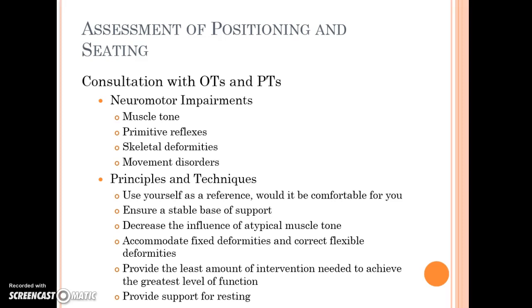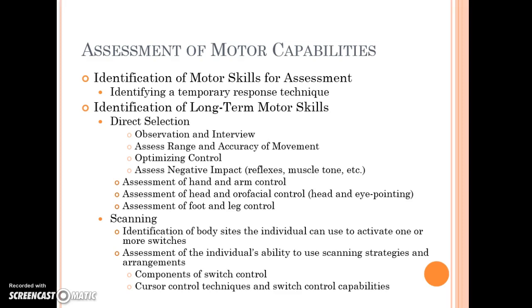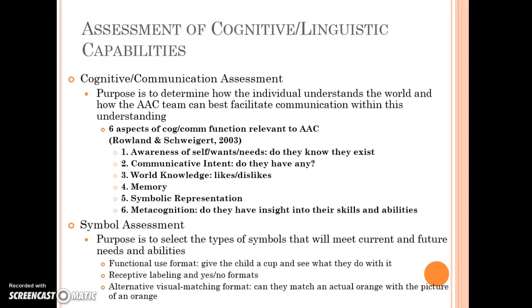You should be consulting with an OT, a PT, a vision specialist, other people who are more trained. This is outside of your scope of practice to be determining these things, but they're just things I want you to be aware of. So go ahead and read through those. You should be working with an OT and PT for all of these.